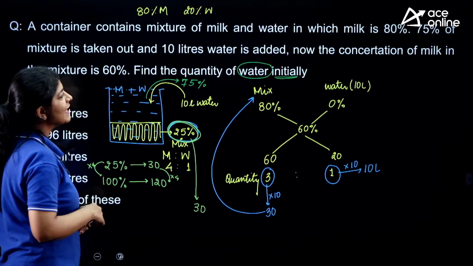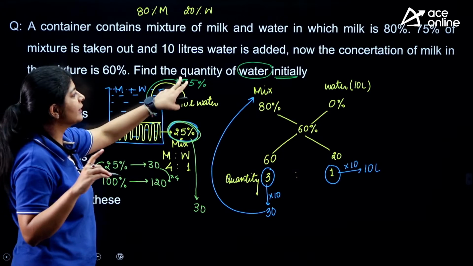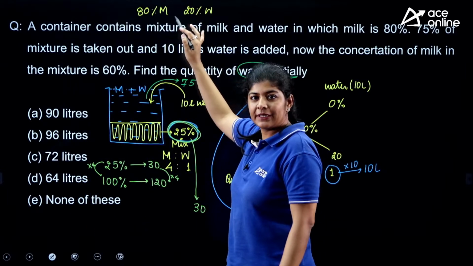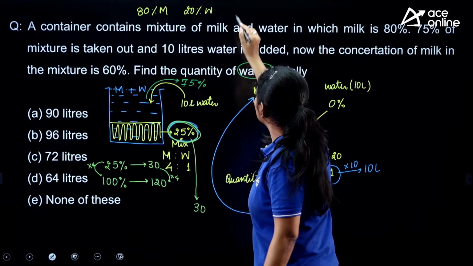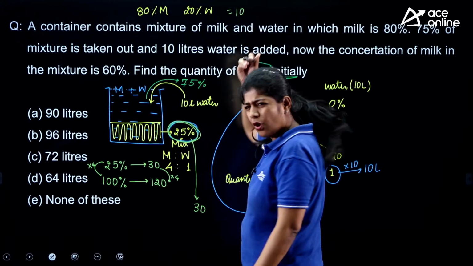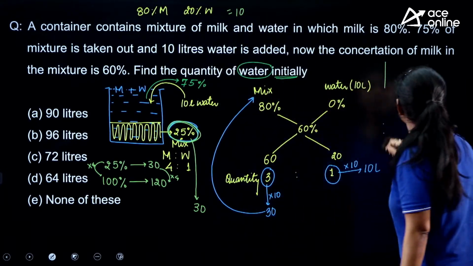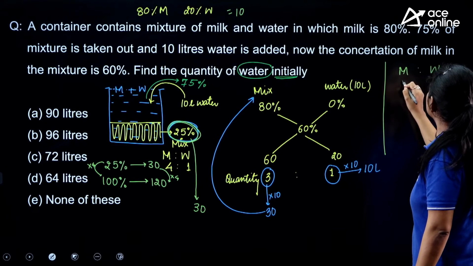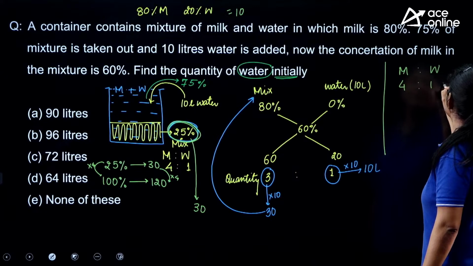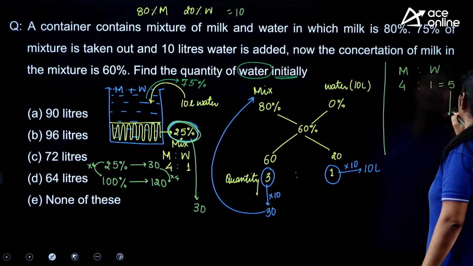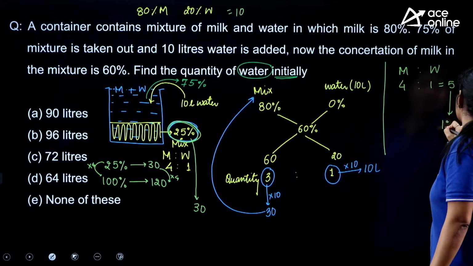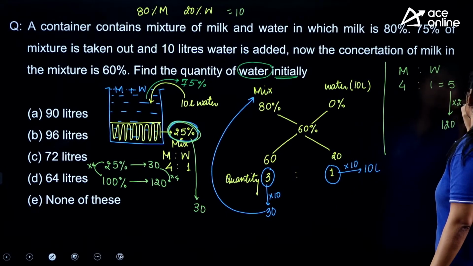Now the question is asking that we need to find out the quantity of water in the initial level. You can simply write down the initial ratio of milk and water. This is 4:1, which totals 5, but the value of 5 that we got over here is 120. That means it is present on the multiple of 24.